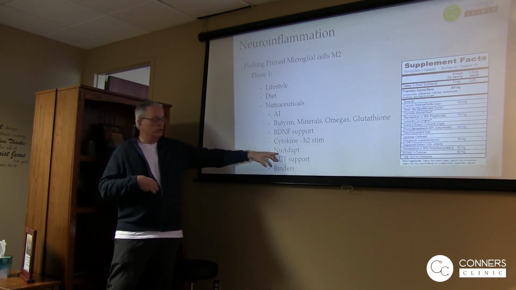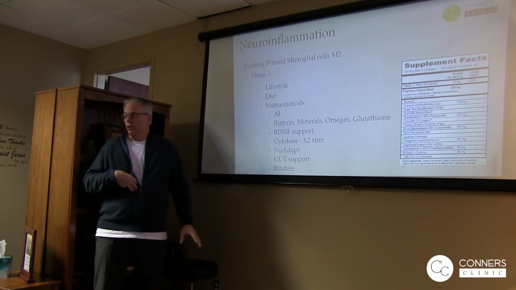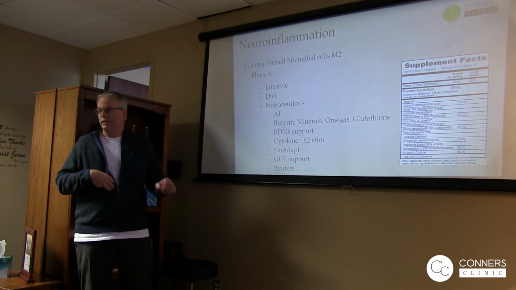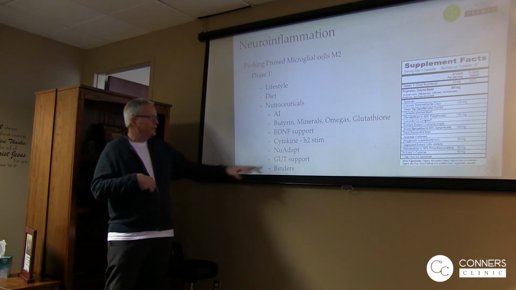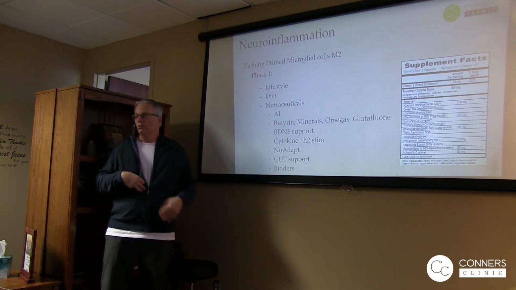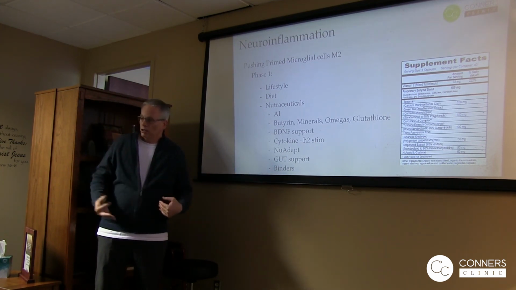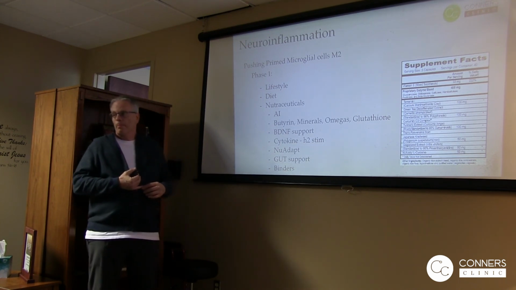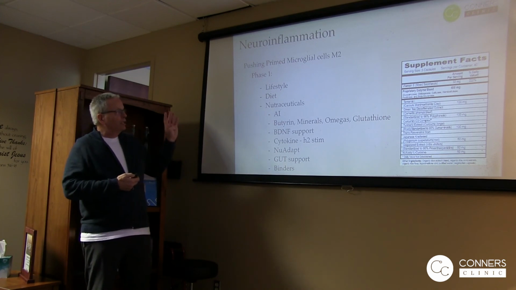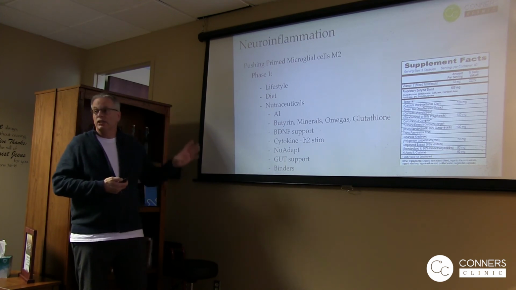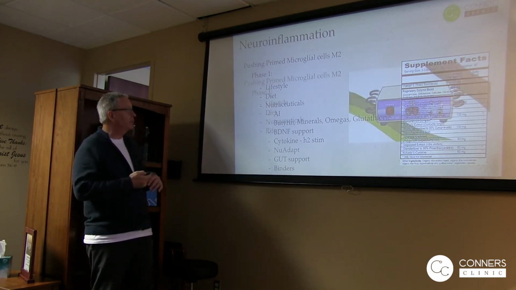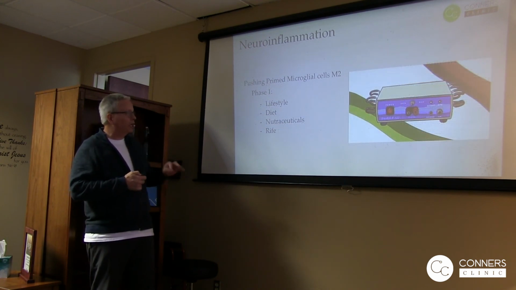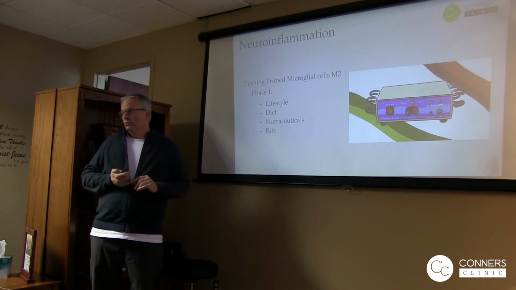We use a product called NeuAdapt, which has Bacopa in it and some other brain adaptogens. Then gut support, binders, and remember to support all 7 phases of detoxification. And then there are some other things that can help with the blood-brain barrier as well. Does that help?